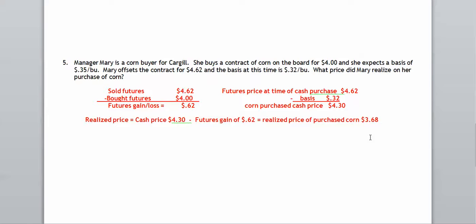And at the same time we sell that futures contract back, we're going to be buying cash corn. We take the gain or loss from the futures contract trading. We add or subtract that from our cash price to get our realized price on our long hedged corn purchase.